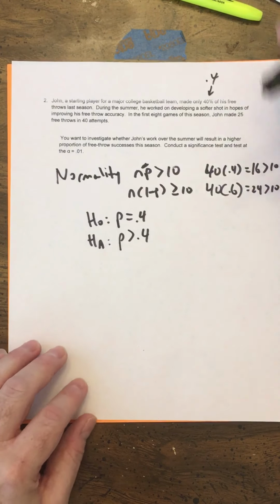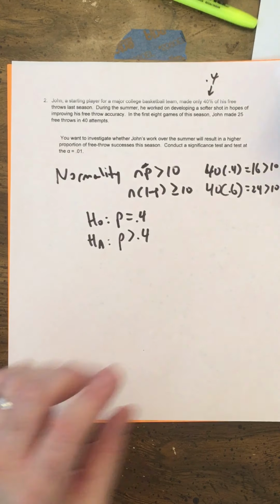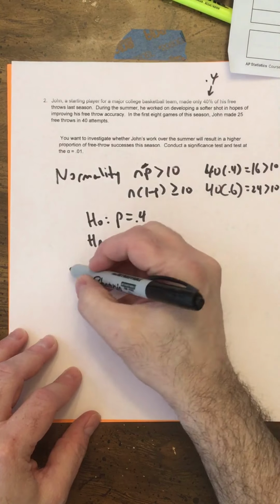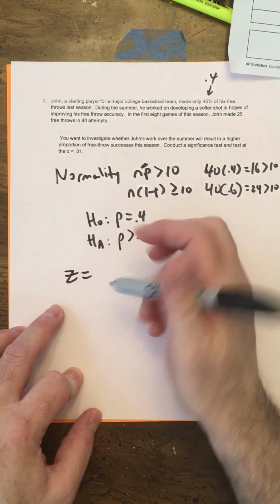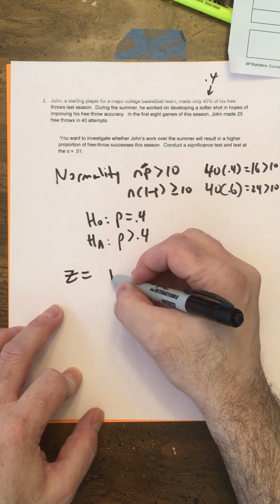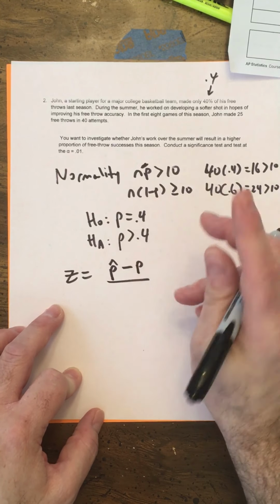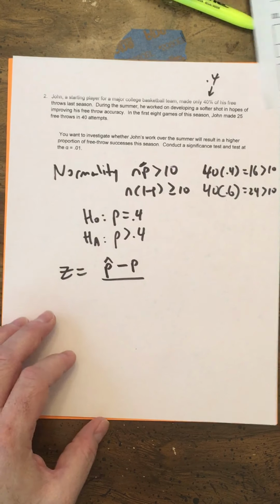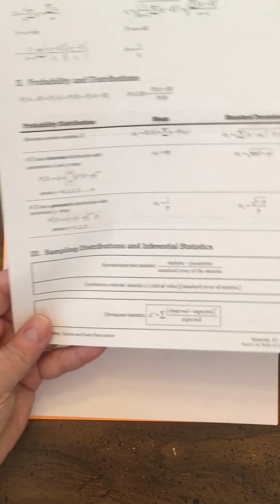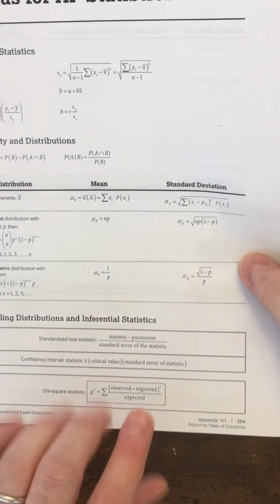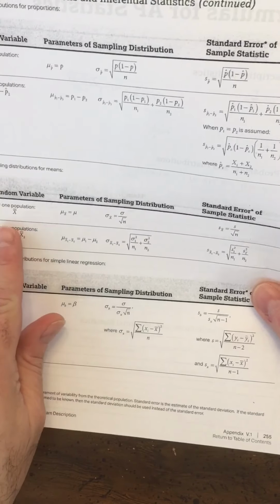Now, how do we do this? Well, just like before, our test statistic is going to be statistic minus parameter over the standard error. In this particular case, and again, proportions is always z, the statistic is p hat. The parameter is p. And the standard deviation, and again, you might say, I don't know how to do the standard deviation. Well, you should know, but if you forgot, that's where this comes in handy. Here's how you do a standard deviation for a proportion.